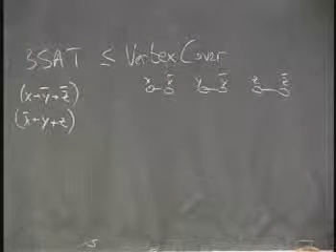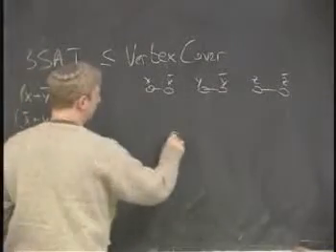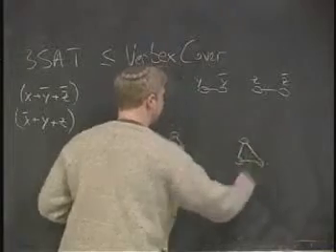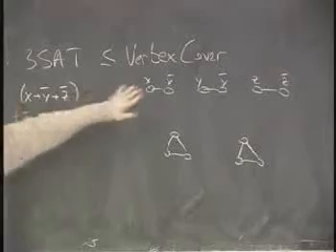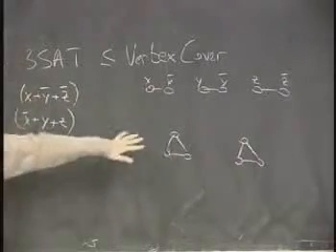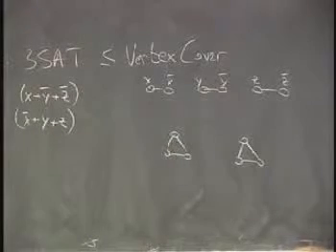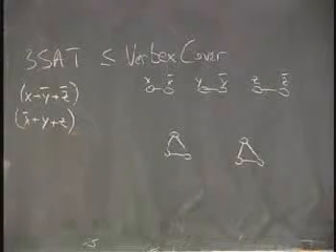The second part of the reduction is to take every single clause and make a triangle for it. This is the beginning. This is the structure. These represent the variables. These represent the clauses. We're encoding this problem in a vertex cover problem. How's there going to be a connection?